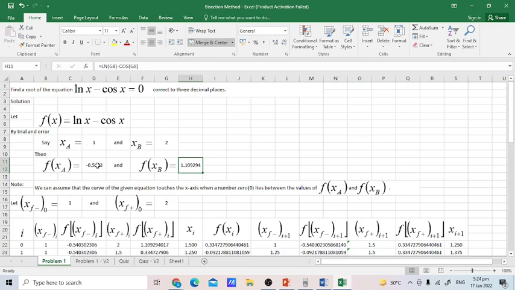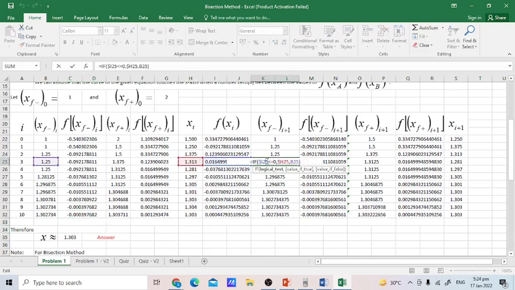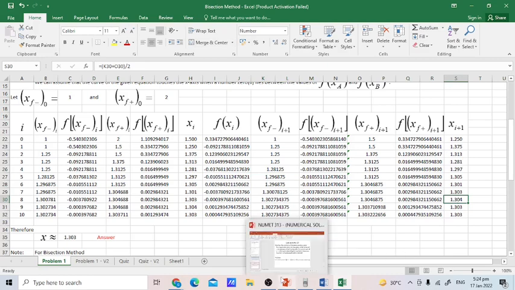O paano ba lalagay yung ln? Ayan, ln. Cos. Merong ln tsaka cos dyan sa Excel. Ayan. Okay. O, merong if condition dyan para mag-arrive kayo dun sa sagot. Sa hulihan. Yan. Okay? So, I hope you get it. Sige. Okay.